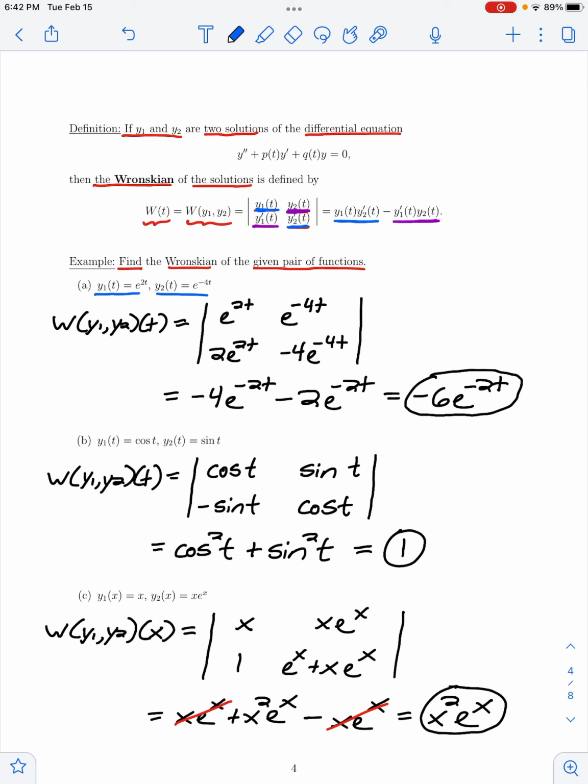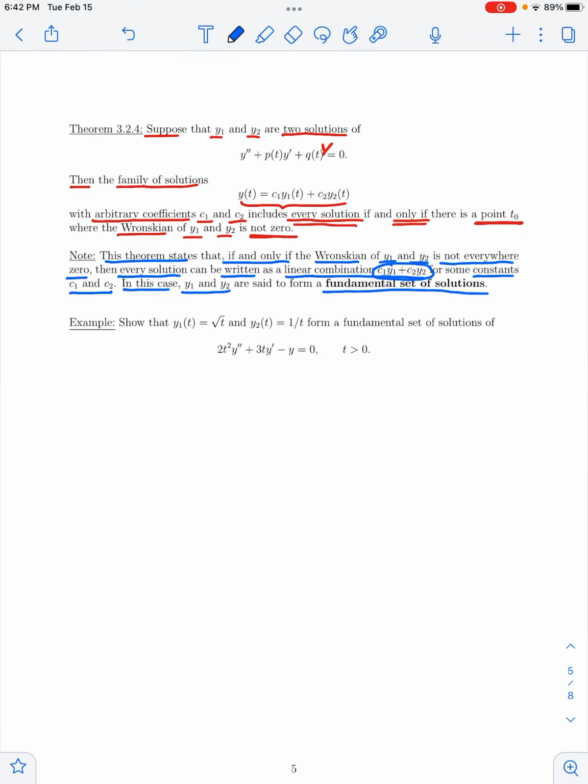So those two functions form a fundamental set of solutions, and therefore our general solution of that equation could be a linear combination of those two exponentials, like what we were doing in section 3.1. So we finally justified why we could take our general solution in that way.